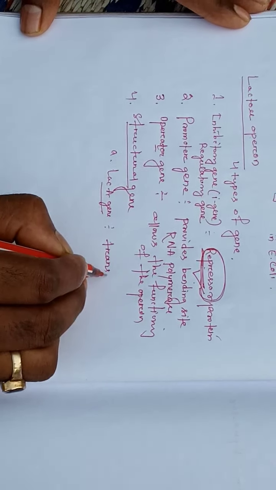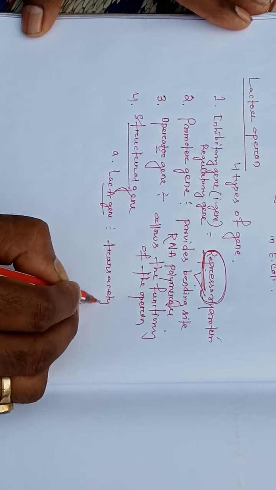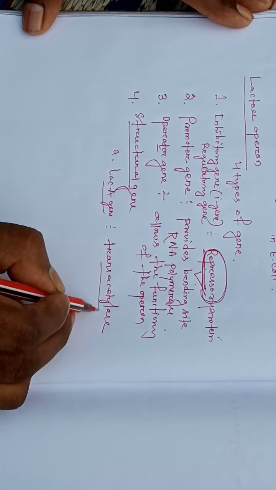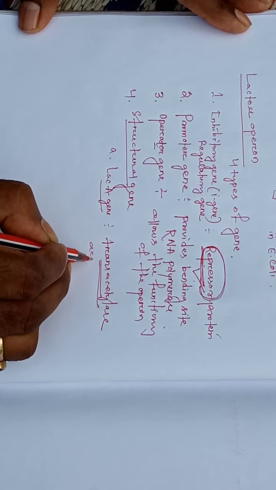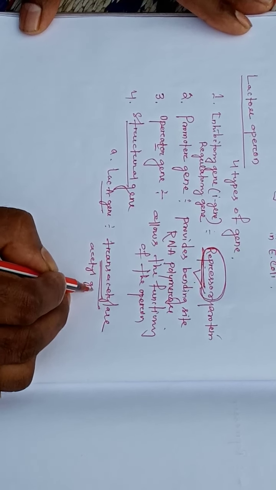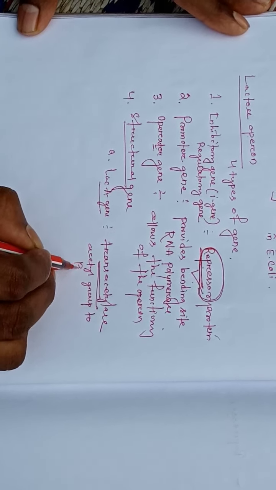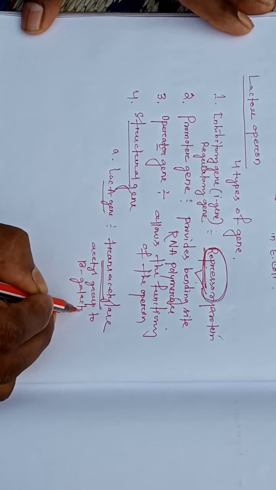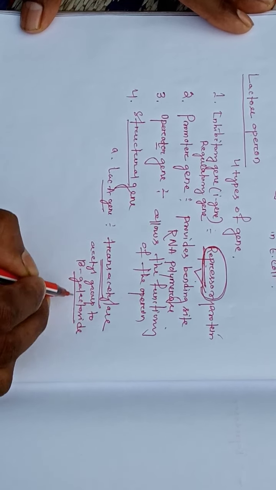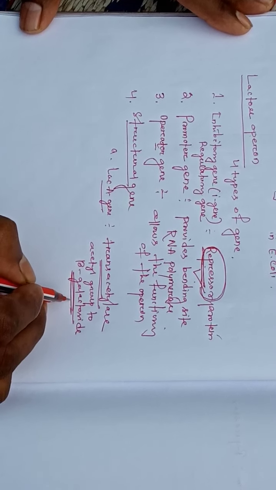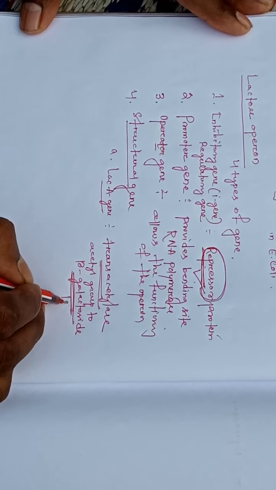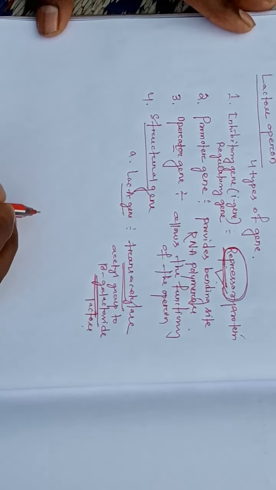So this gene codes for the trans-acetylase enzyme, which transfers an acetyl group to beta galactoside. In biochemistry, the beta galactoside is lactose.